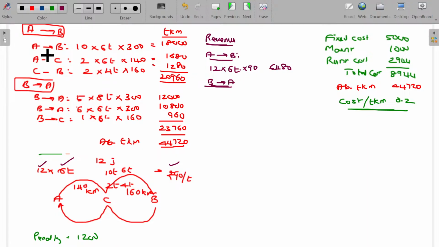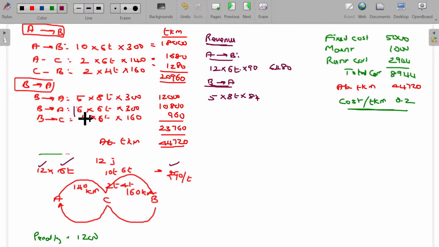Now, while returning B to A, you have a different part. B to A, 5 trips carrying 8 tons, and the amount charged while returning being 84 rupees only.